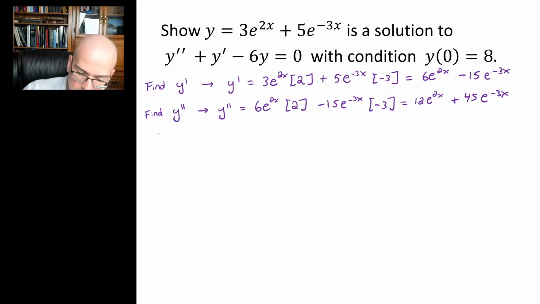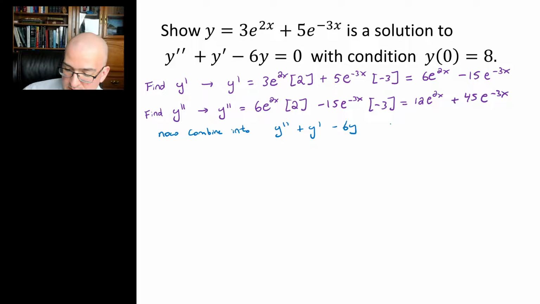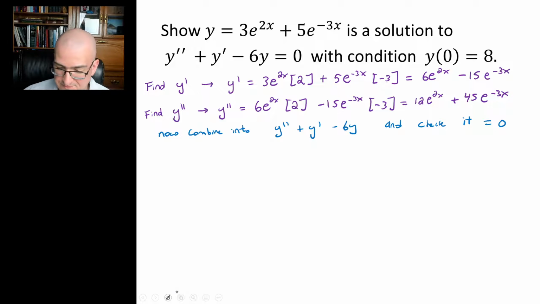Now, combine into y double prime plus y prime minus 6y and check it equals 0. Because that's what our differential equation says has to happen. So let's take those pieces. I should put them in order.